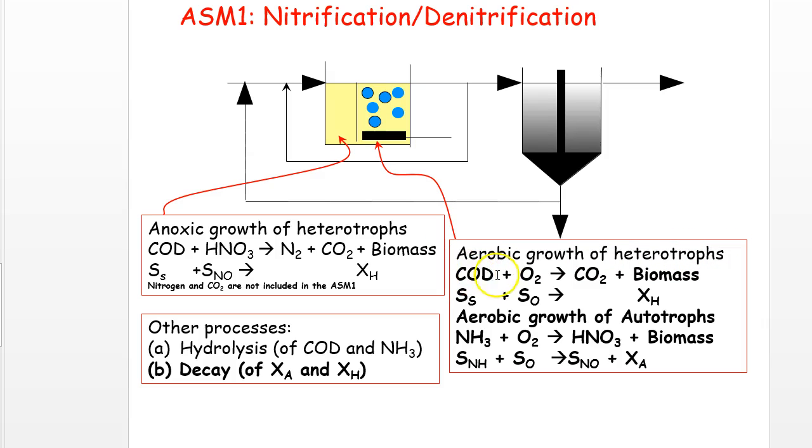So if we start here, we see the aerobic growth of the heterotrophs. It takes the COD with oxygen and makes biomass. But it also has this autotrophic reaction, taking ammonia with oxygen, making nitrate by another type of organisms called autotrophs. And this nitrate is what then needs to be brought back to the anoxic zone, and that's done through this line.